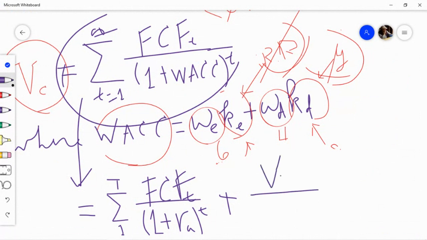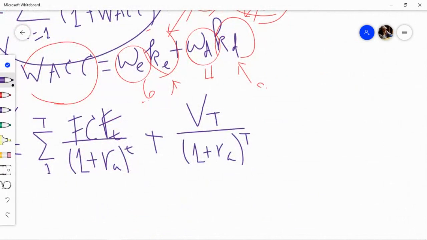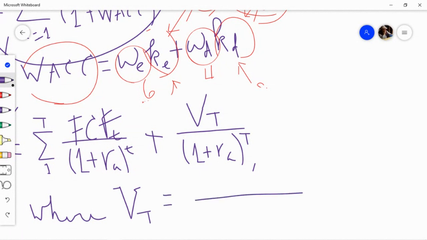So the value of the firm at time t will have to be discounted by 1 plus the weighted average, discounted back to present, where what it's saying is that the value of the firm at terminal time is the value of the firm at time t plus 1 discounted by weighted average cost of capital minus G.